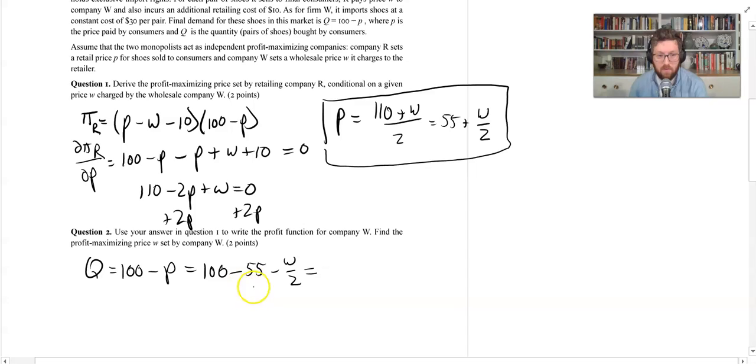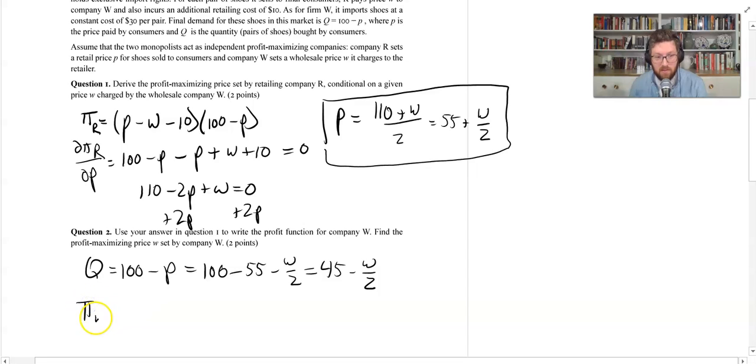And this is 45 minus W over 2. So that's how many shoes are going to get sold if we choose a price W, because we know how it's going to get passed on to the consumers in the retail price, and then we know how they're going to respond. So that's how many units we're going to sell.